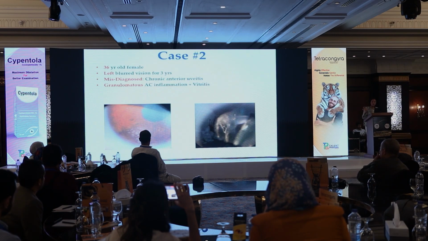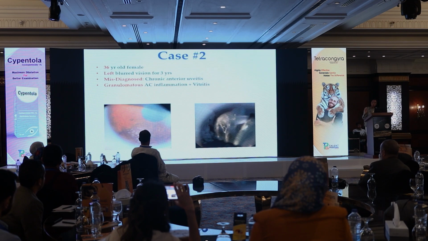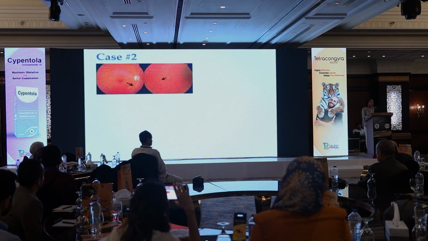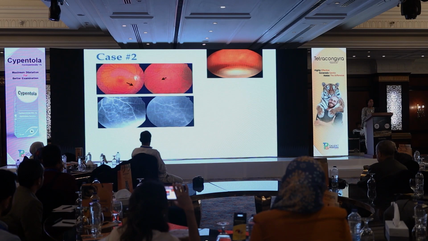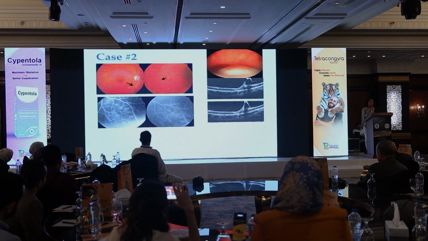It's also misdiagnosed as chronic anterior uveitis. But once we dilate, we find that the vitreous is not clear, it's turbid. So she has a granulomatous anterior chamber inflammation plus vitritis. When we dilate her, we find that there is actually pericapillary vascular sheathing, and on the periphery, usually the inferior periphery, we find a whitish dome-shaped elevation, and on the fluorescein, we find peripheral retinal vascular leakage, and we have something that's very characteristic and common in this subset of patients, which is an ERN.